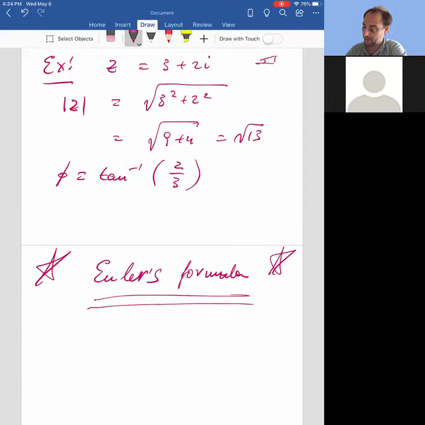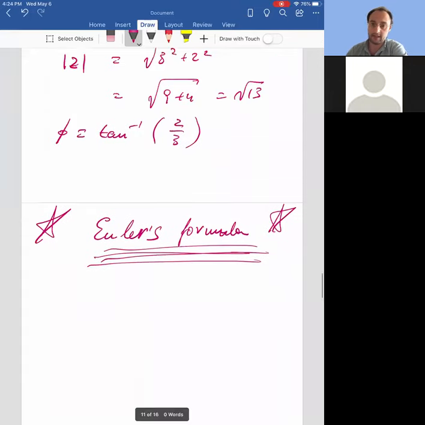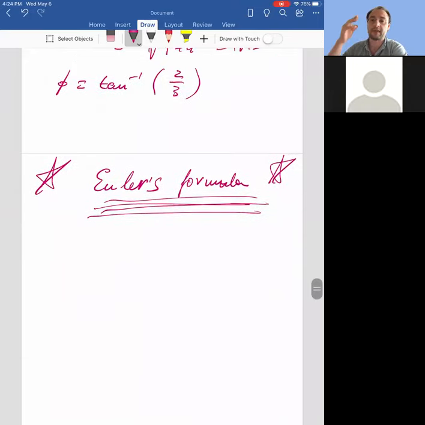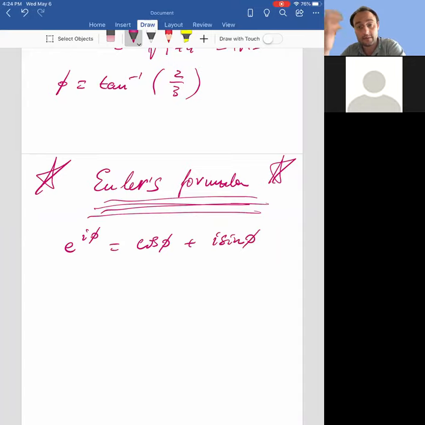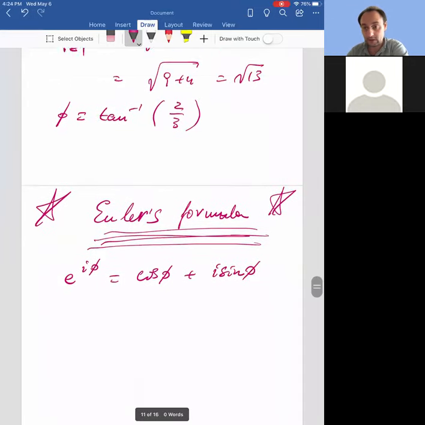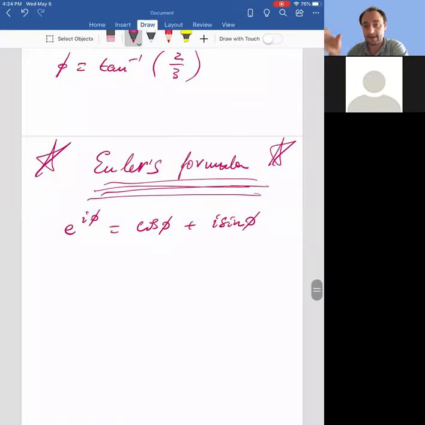And that's a big deal. To emphasize how big a deal it is: e to the I phi equals cosine of phi plus I sine of phi. It doesn't follow from what I said so far. It's a new piece of information because I dragged an exponential into it.